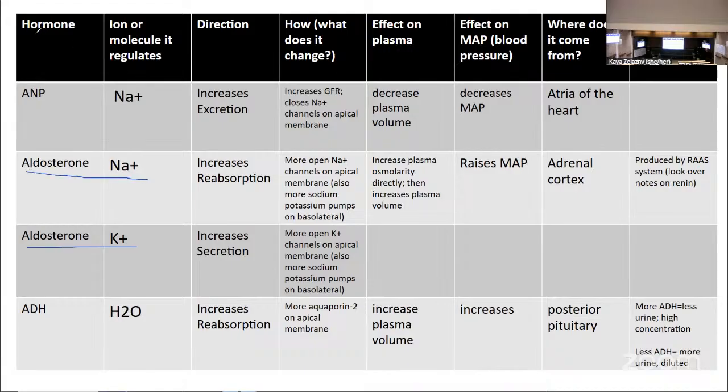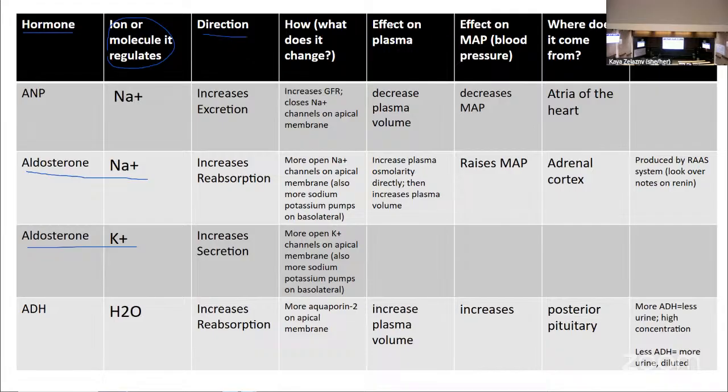So when you're filling out those blank tables, you're going to write what hormone. You're going to be thinking about what substance we're regulating in the distal tubule and collecting duct. You want to know what direction that substance is going in reaction to the hormone. We got a little mechanism piece here. And then a bunch of these are also going to relate to blood pressure.